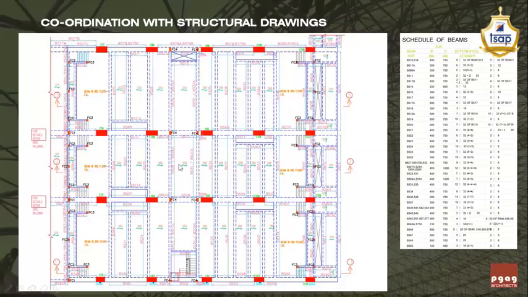You need to study the schedule well in detail to understand wherever the beams are going to come, whatever the depth of the beam is, and you need to mark that in your section and your plan as well.